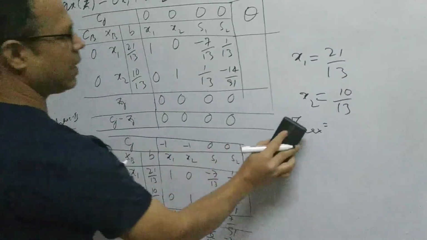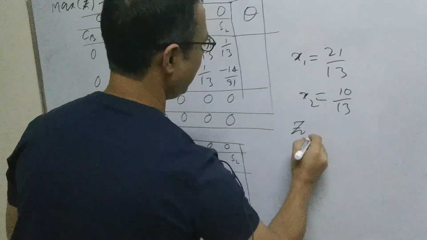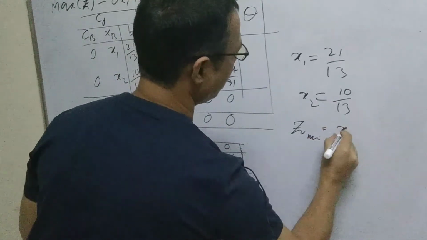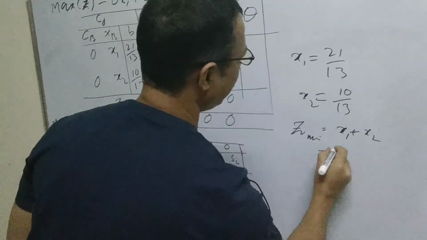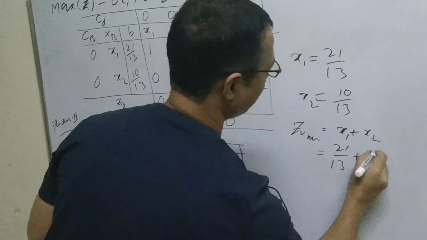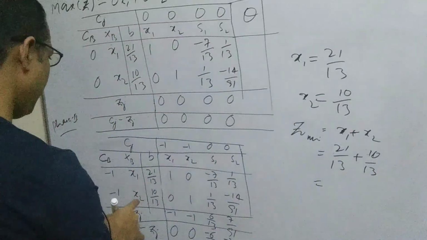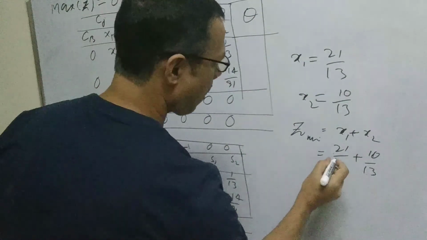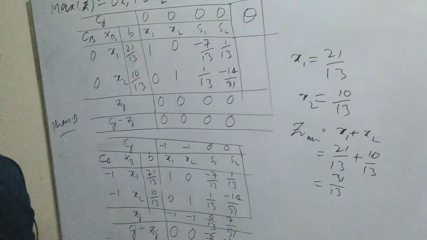So we can write directly also z minimum is equal to x1 plus x2. If we add this one, 21 by 13 plus 10 by 13, it will give 31 by 13. Am I right?